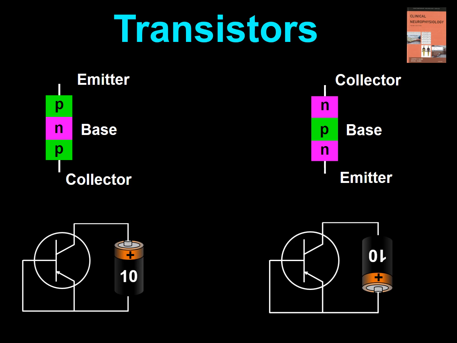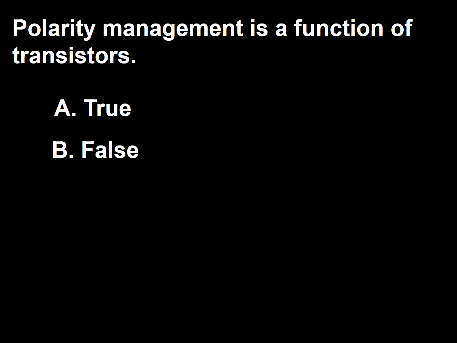This relates to the type of transistor, negative or positive, and to the position of the battery's cathode in relation to the transistor, towards the collector or towards the emitter. So the answer to this question is true.